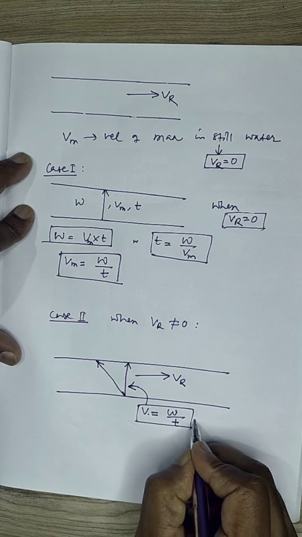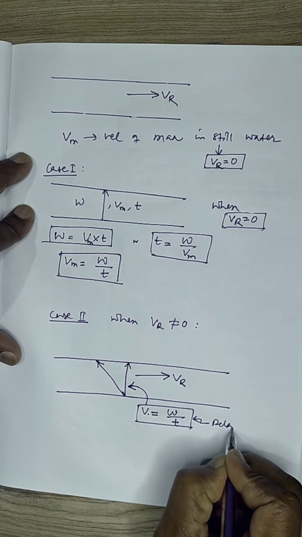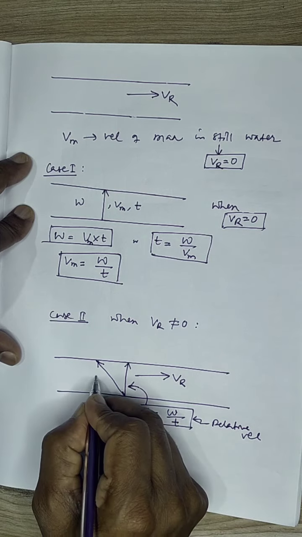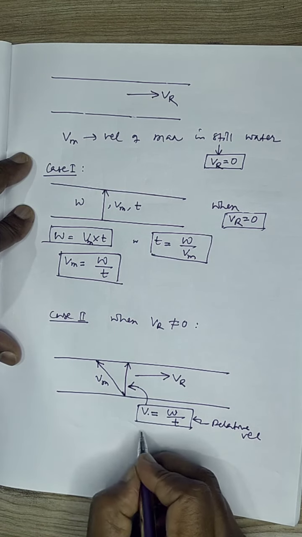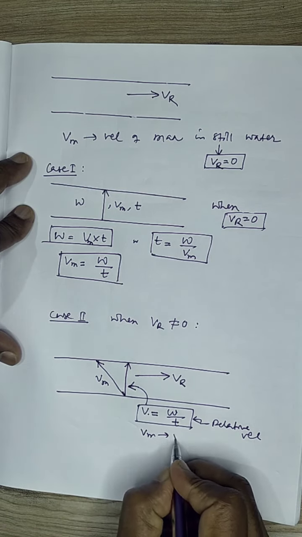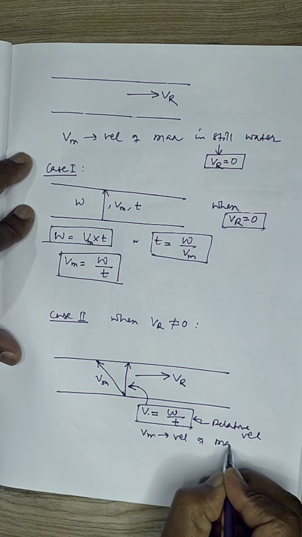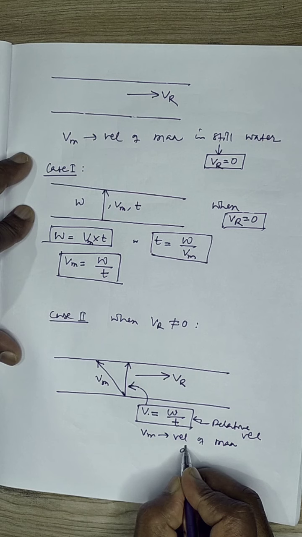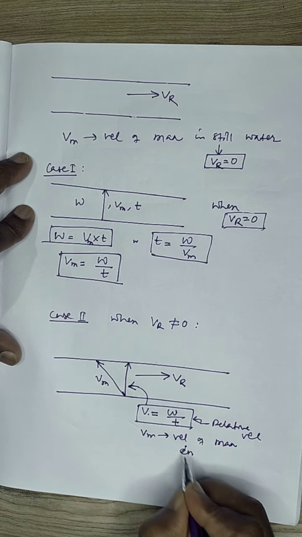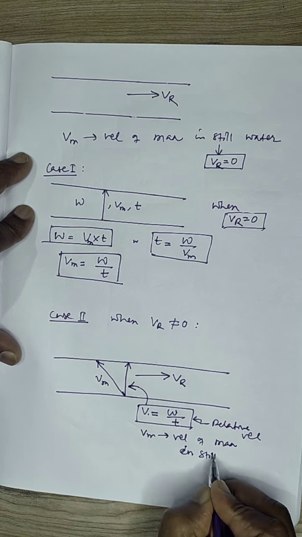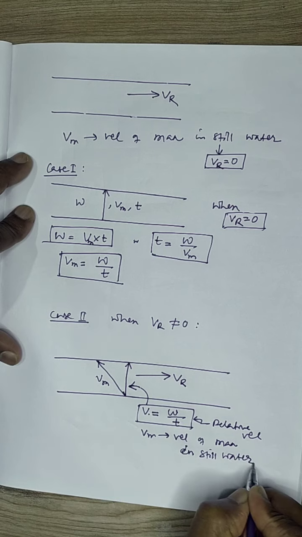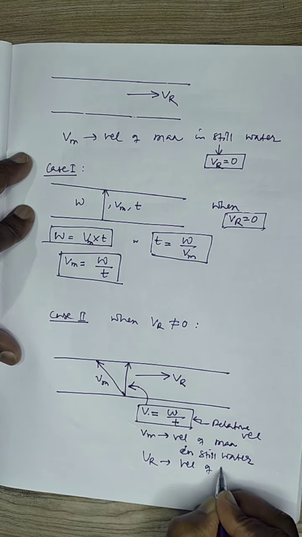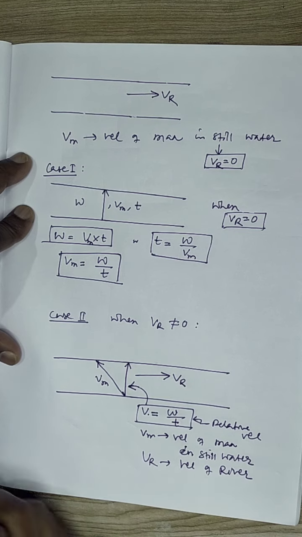V is the relative velocity and Vm is velocity of man or boat in still water, and Vr is velocity of river.